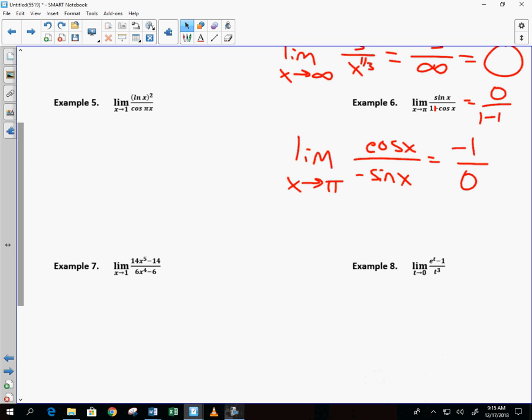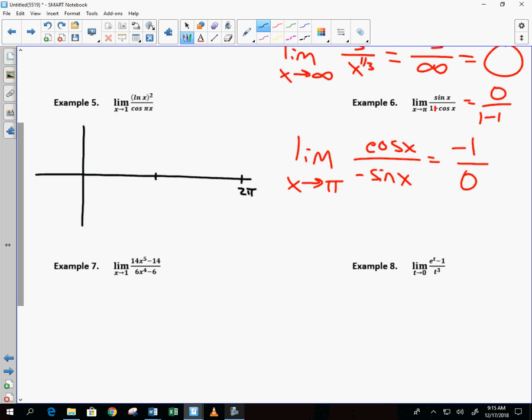So I'd like you to take a look at cosine of x and negative sine of x. What does a graph of cosine look like? Where does it start? Top, heads down.